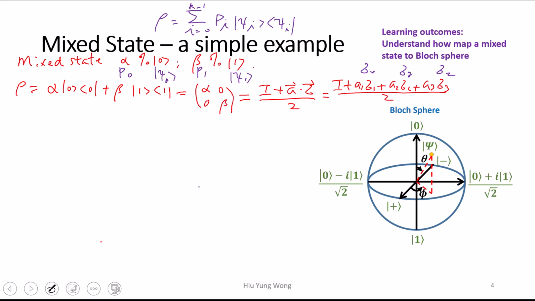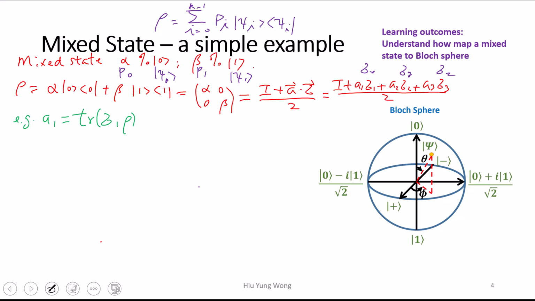So we can decompose it, but as an exercise, we can also use the inner product of matrices to find out what A1, A2, and A3 are. We know that A1 is going to be equal to the trace of sigma 1 times rho, for example.